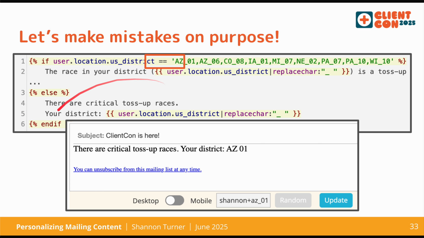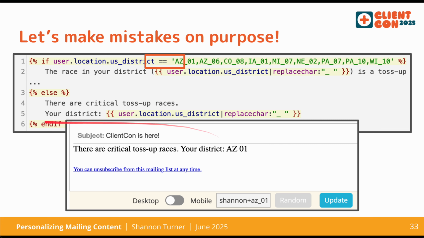So I've added in this else, this catch-all, and I've added what the district is, and that can help me identify this mistake. So when I preview, I'm previewing for the Shannon that's in Arizona 01. And here it tells me there are critical toss-up races. Your district is Arizona 01.